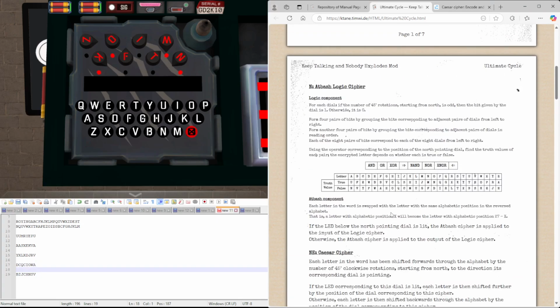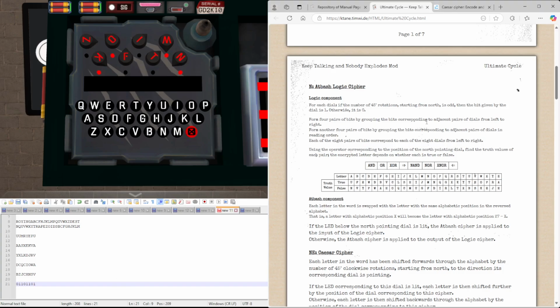Okay, then we have north. If the number of rotations down from north is odd, the base given both sides is 1. Okay, so 0, 1, 1, 0, 1, 1, 0, 1.